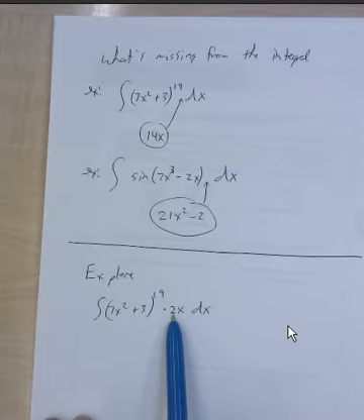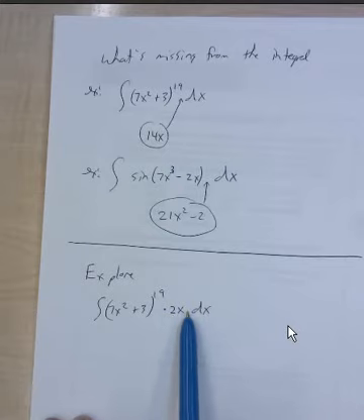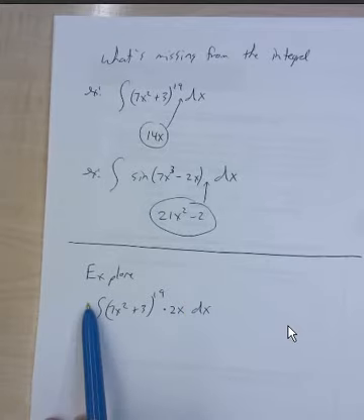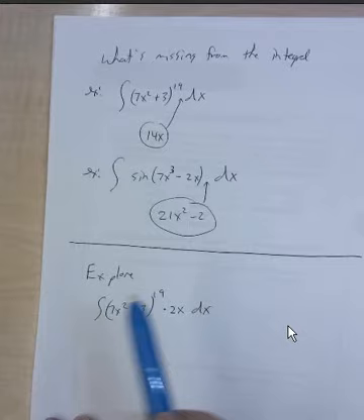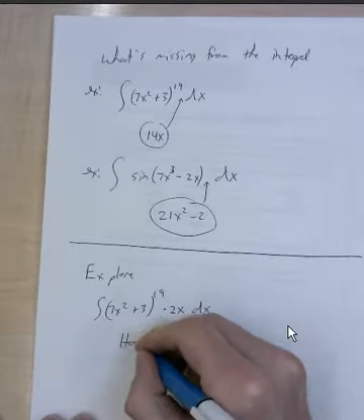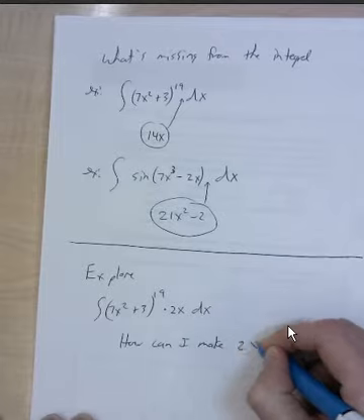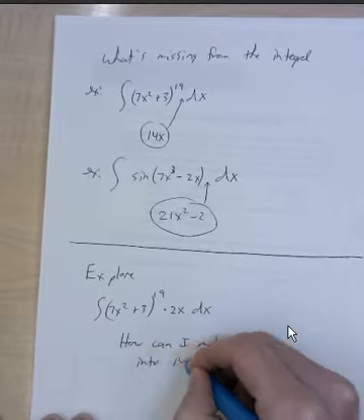Multiply it by 7. So I'm going to multiply by 7 here, which means I have to multiply by 1/7 out there. Does that make sense? Okay. So the question you're asking yourself is, how can I make 2x into 14x? The answer is multiply by 7.